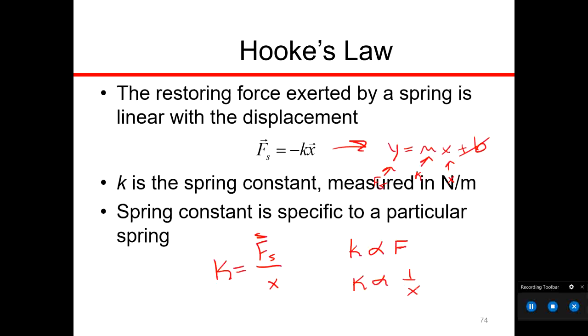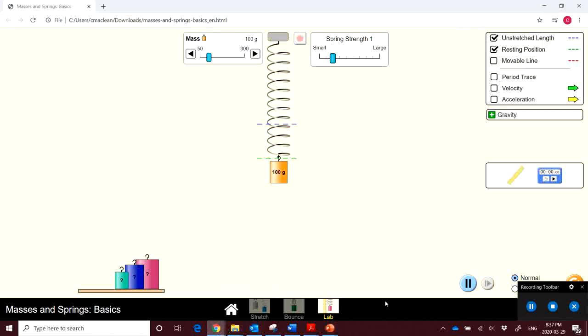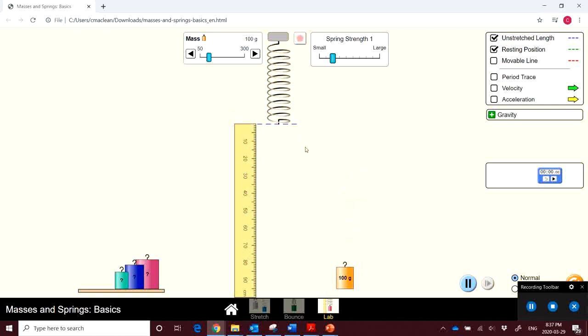Actually, before we move on to this next example, let's go back for a second and take a look at our simulation. Do a little calculation. So let's take out this ruler here for a moment. Here is our initial position of our spring. We're going to take the 100-gram mass. Let's do a quick calculation of the spring constant of our virtual spring here.